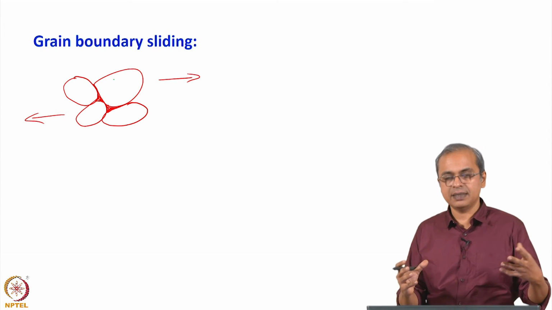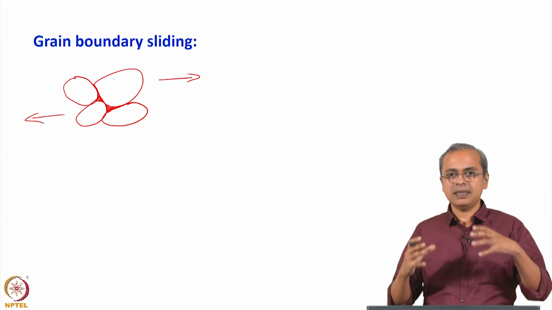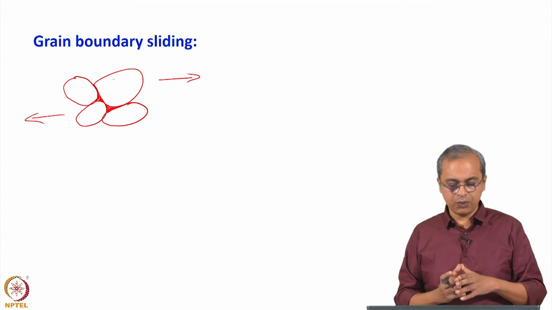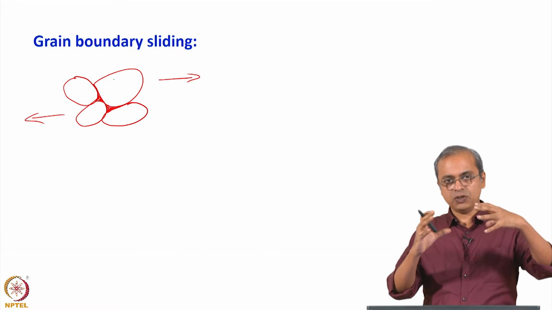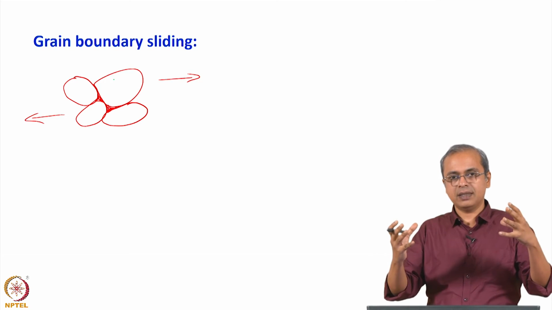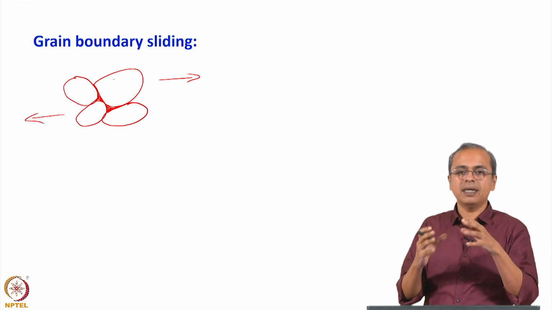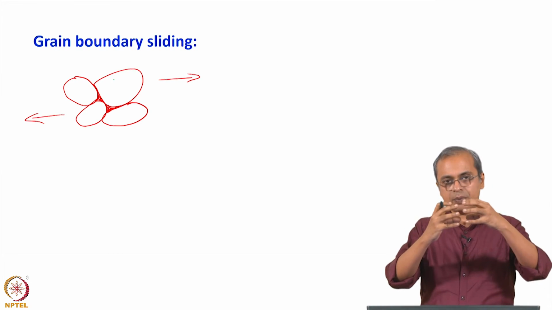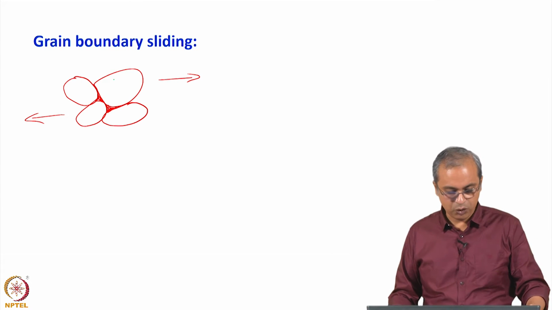That is a normal plastic deformation mechanism, where the shape of the grain changes, and then eventually the set of grains change shape while they are still trying to maintain contact at the grain boundary, and in the process the overall sample elongates.